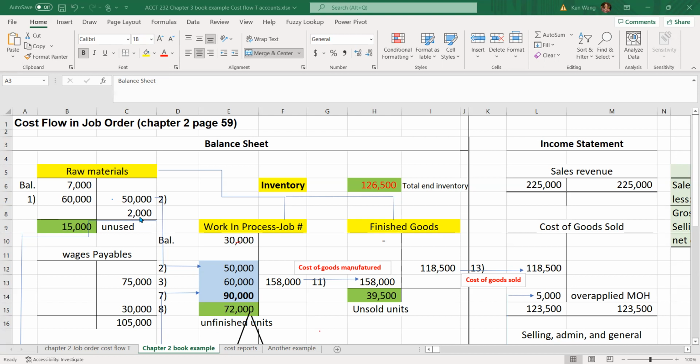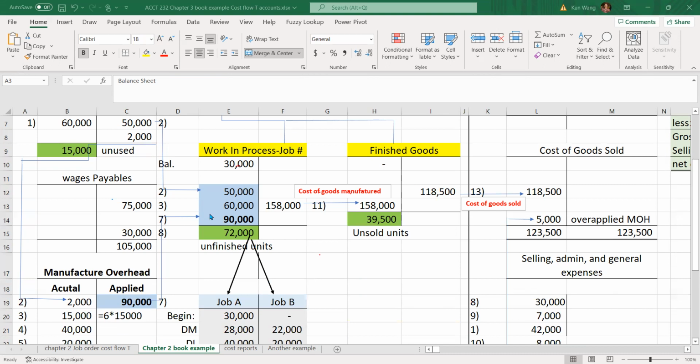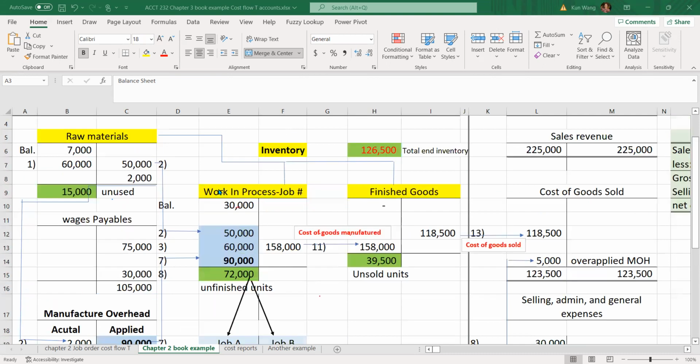That part used for manufacture overhead we call indirect materials. The direct material and the indirect material will flow to different accounts. The direct material we add to work in process, which is another inventory account. We don't have work in process inventory in 231, so this is an account for manufacturing companies only.